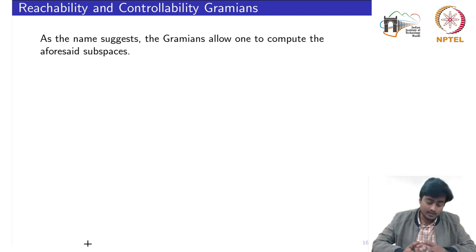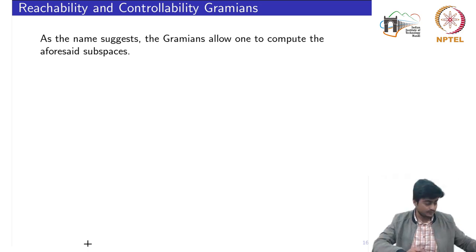In fact, in the example we considered previously, we saw a glimpse of computing that subspace, particularly for the parallel interconnection of systems. But now we will uniformly define how you can use the gramians to actually compute those subspaces.